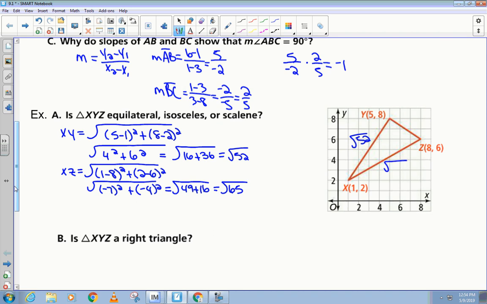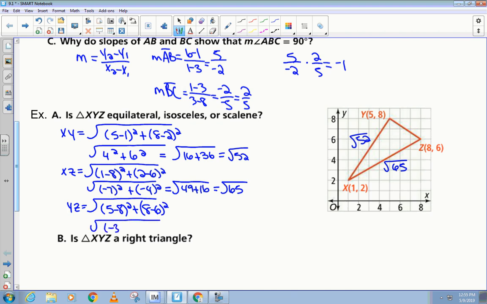Okay. Now, if my picture was graphed for me already, would I need to do the third side? No, but if I didn't graph it, would I need to do the third side? Yes, if it wasn't graphed, I would need to do the third side. So I'd have to look at YZ, and that would be 5 minus 8 quantity squared plus 8 minus 6 quantity squared.